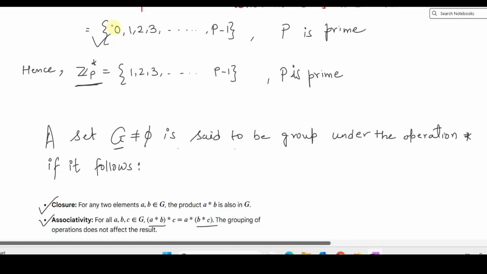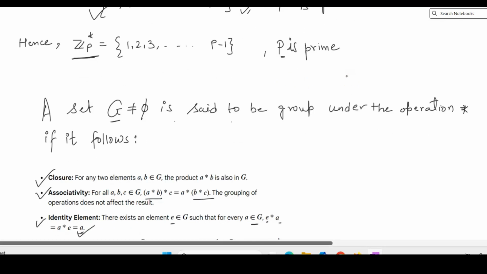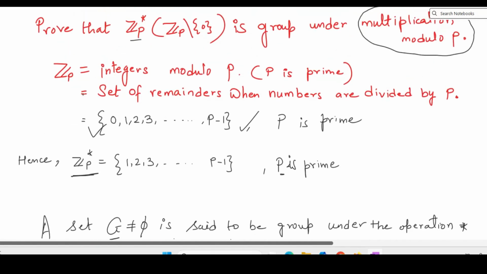It will be 0, 1, 2, 3 up to p minus 1. So Zp star, from this set I am just excluding 0, and here we are considering that p is prime. Now we will prove that Zp star is a group under multiplication modulo p.